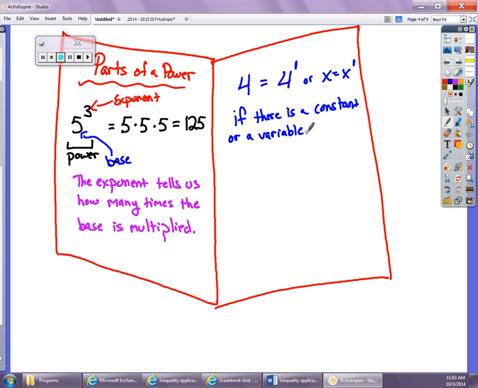If you have a constant or a variable that does not have an exponent, the exponent is automatically 1.